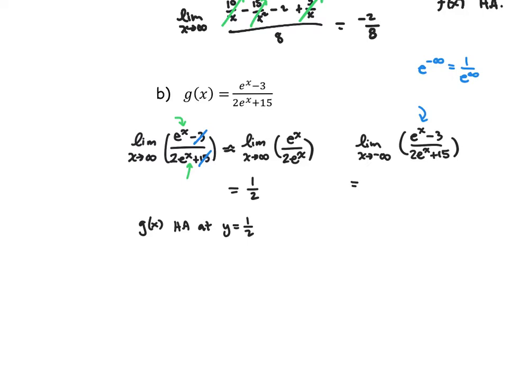So that's approaching 0. So this term will approach 0, and this term will approach 0, twice as fast, to be exact. So I will be left with negative 3/15. So g of x has a horizontal asymptote in the other direction at y equals negative 1/5. Goofy function. Maybe take your calculator, graph it, see what it looks like. All right, let's move on to some more good stuff.